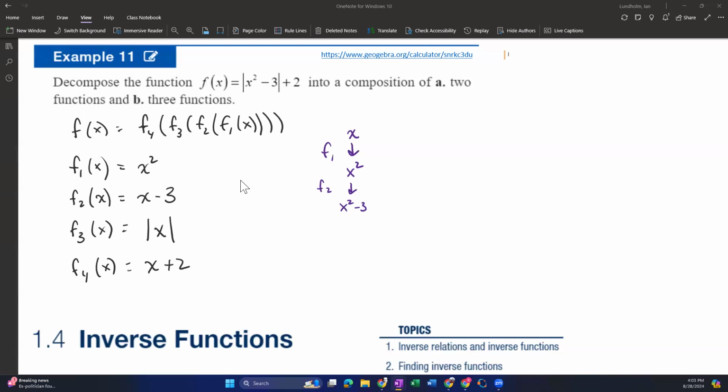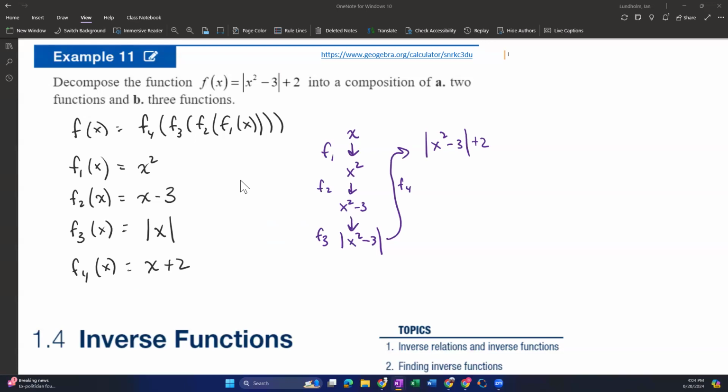And then f3 gets applied and transforms things into the absolute value of x squared minus 3. And then f4 gets applied, and we get the absolute value of x squared minus 3 plus 2. And so, that shows you how it's built up.